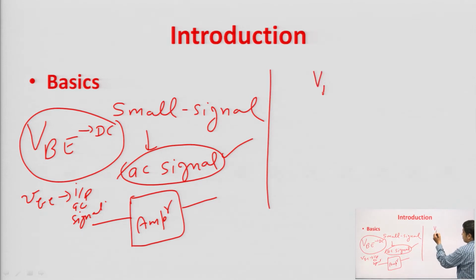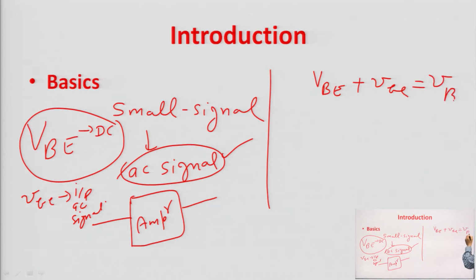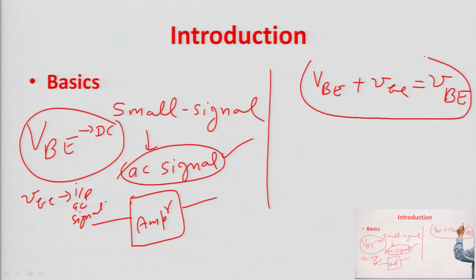The summation of capital V B E plus small v b e is equal to small v, capital B, capital E. This is the standard notation; it is not mandatory that you follow it, but this is the notation which I am going to use throughout the class.